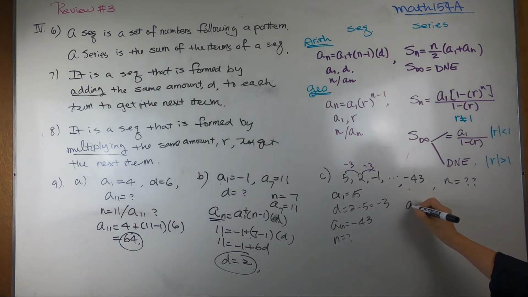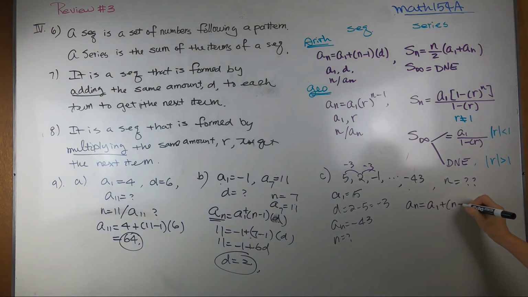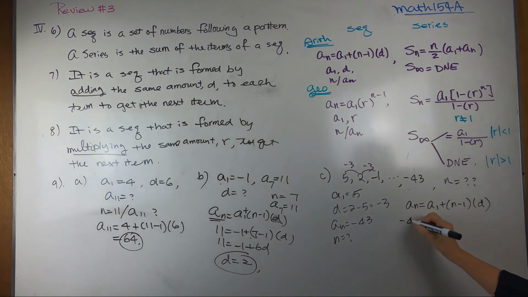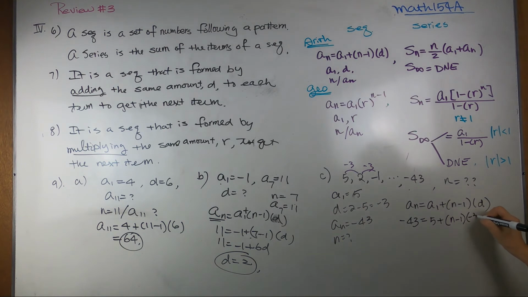So we plug in. AN equals, you will rewrite this formula on the side or on the question, so you can plug in. AN is -43, A1 is 5, we don't know the N, minus 1, D is what? -3, is that right?